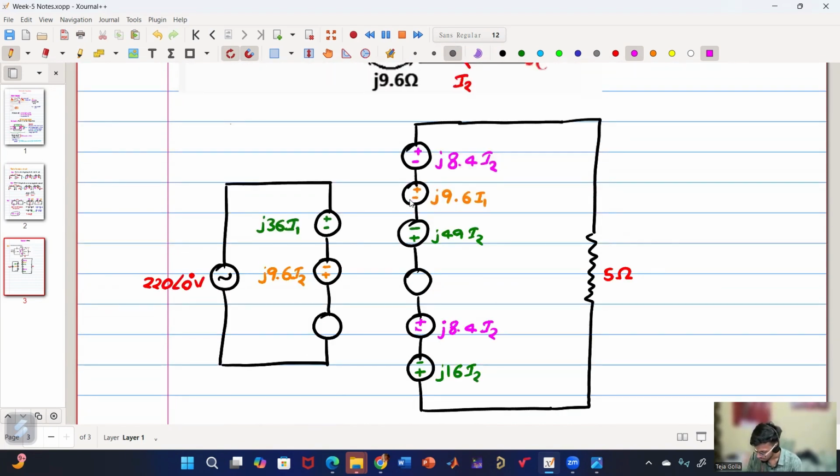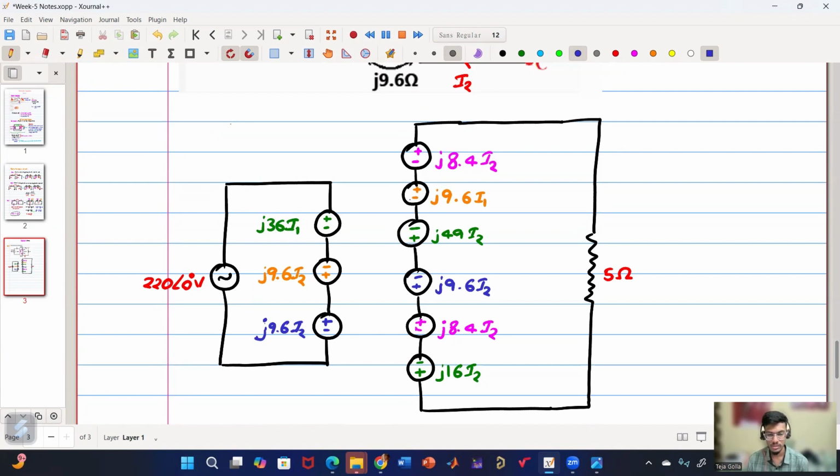J 9.6 I1 and J 9.6 I2. Yes. So I will be using a different color, blue, and it will be the same polarity. So plus and minus J 9.6 I2. Here also it will be the same polarity, so plus and minus J 9.6 I2.